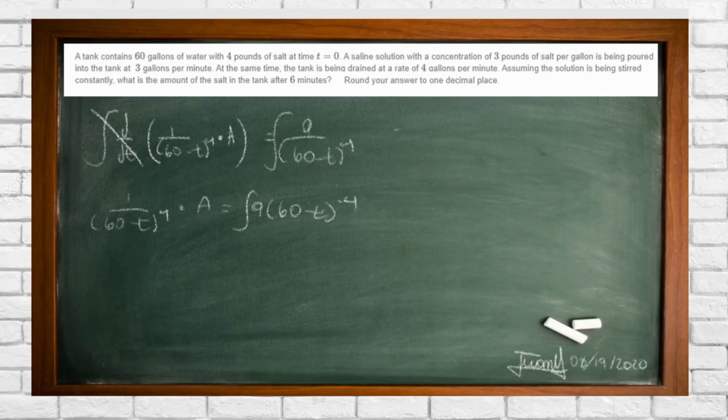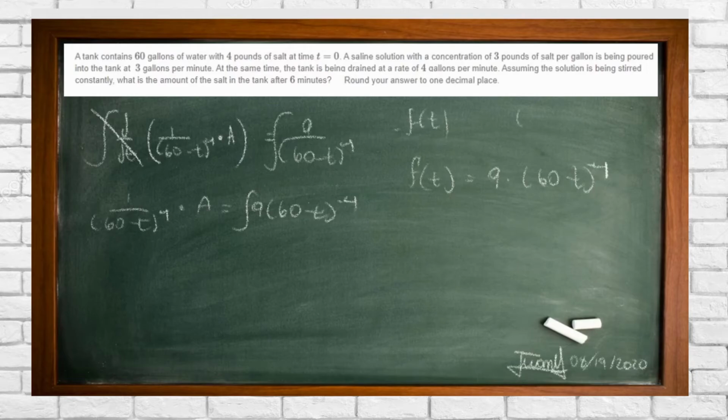So when you want to integrate something, you need to think of this equation as the derivative of some function f of t. So the derivative of some function f of t is going to be 9 times 60 minus t to the negative 4th power.